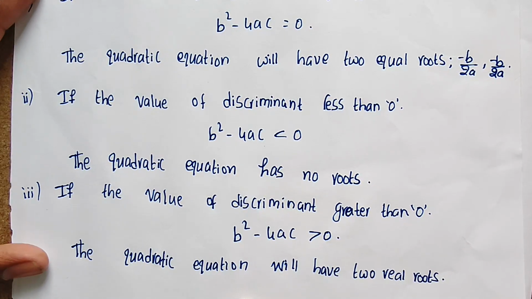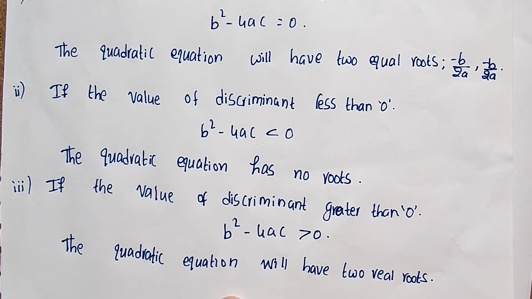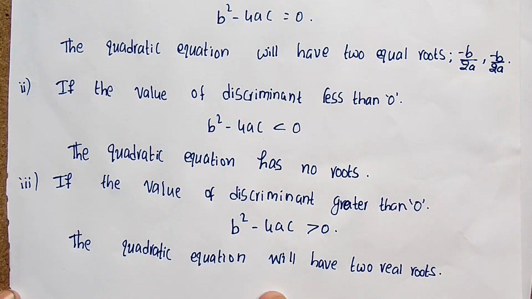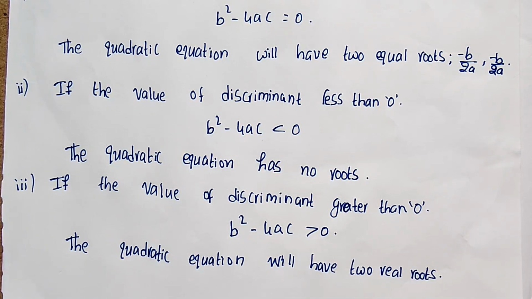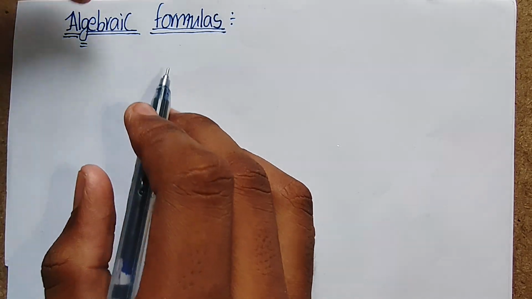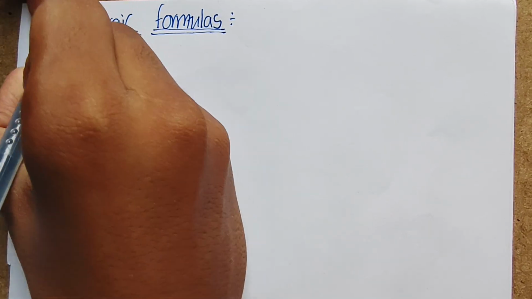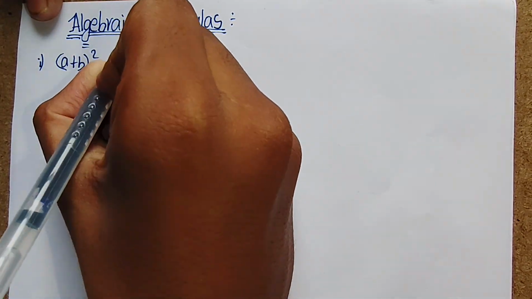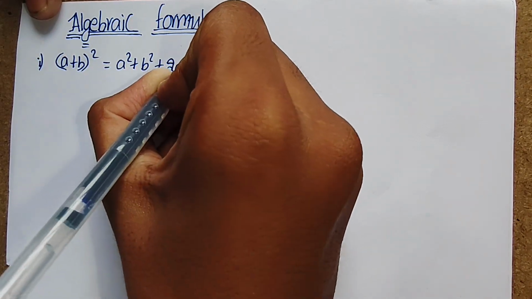So now we have completed the introduction, but I have one more thing to tell you: some important algebraic formulas. The first formula is a plus b whole square equals a square plus b square plus 2ab.